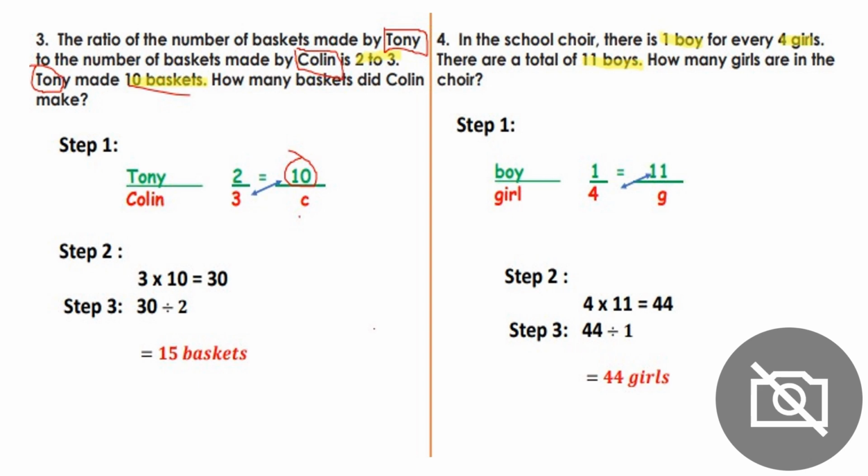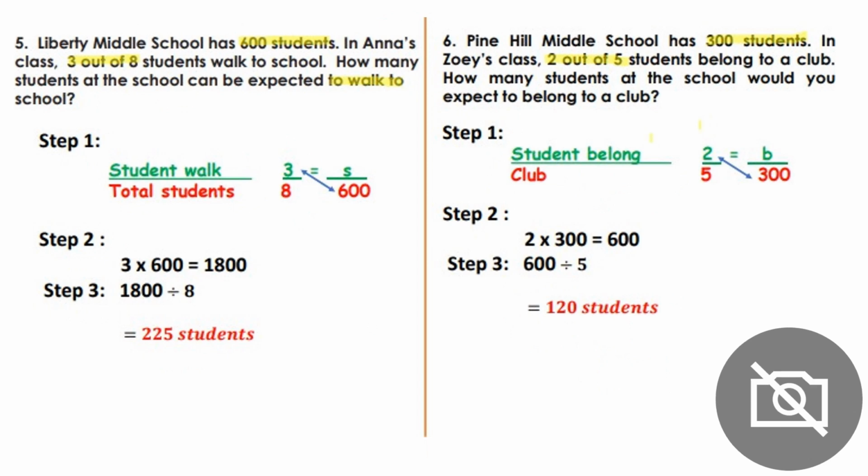So these 4 questions have the same structure and same method. See here, this question number 5 is also the same way, student walking and total number of students. We did the same way, cross multiply. Here also cross multiply, and finally you divide by 5, you will get the answer. So if you learn one question, the 6 questions you can simply answer.